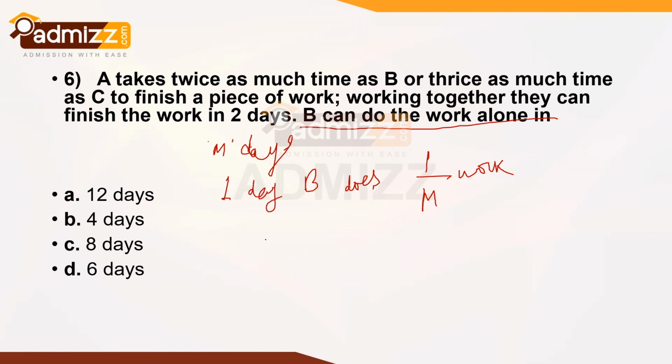So in one day, A does 1 by 2M amount of work, right? That which is the exact half of what B does. Since A takes twice as much time as B, the amount of work that A does should be half of B as well, right?